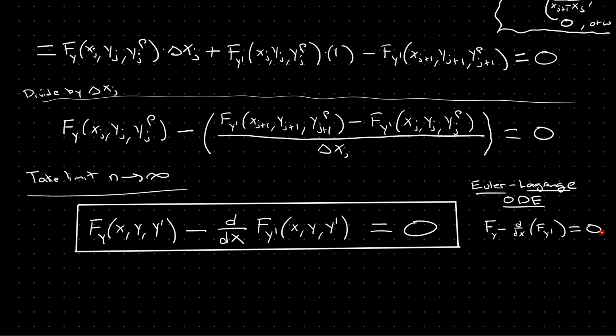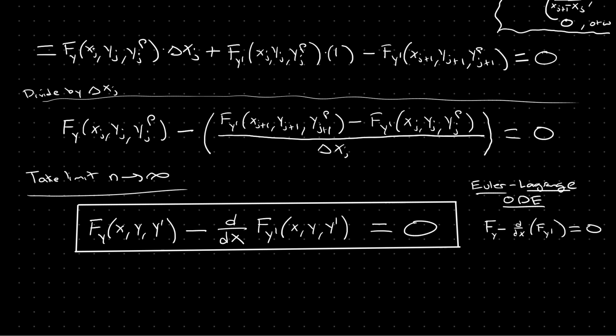But this ordinary differential equation is significantly different than the differential equation that we arrived at when we did method 1 for the finite difference solution. You remember that when we did method 1, we arrived at a first order ordinary differential equation, a first order ODE.